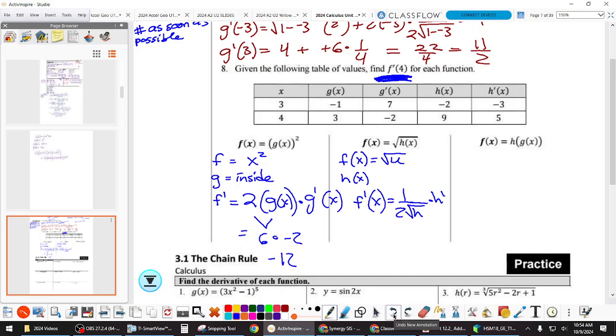So 1/2 root h times h prime, f prime of 4. So h of 4 is 9 times h prime of 4, which is 5. So 5/6.